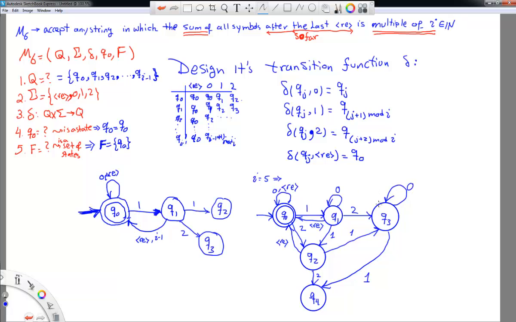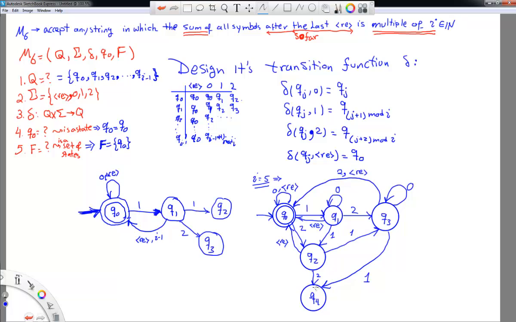And if it sees reset, I'm going to go back to Q sub 0, and also if it sees 2, it's going to go back to Q sub 0, because 2 plus 3 is 5, so its modulo 5, which is my number here, is 0, so it's going to go back to Q sub 0.